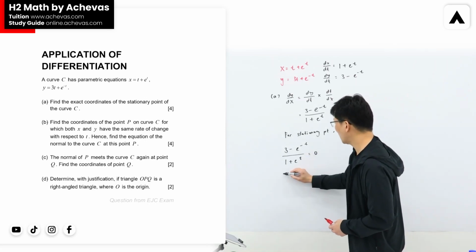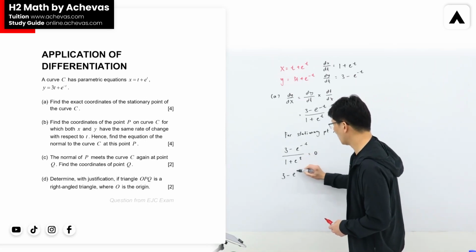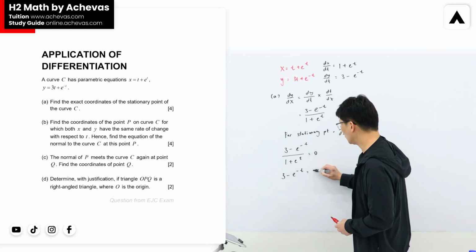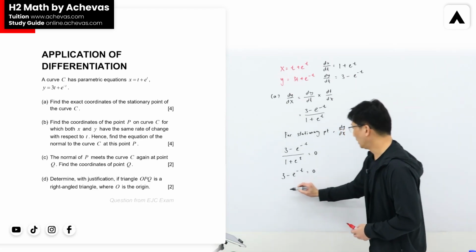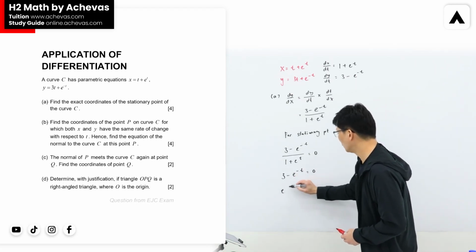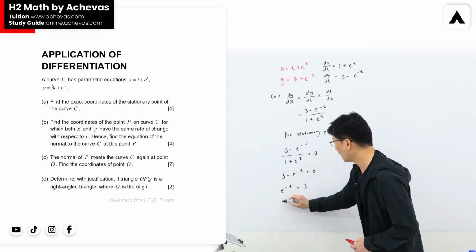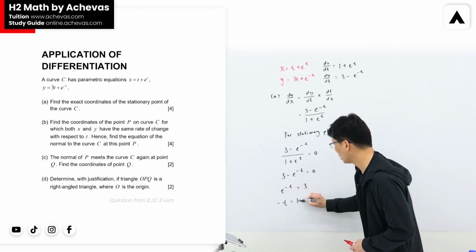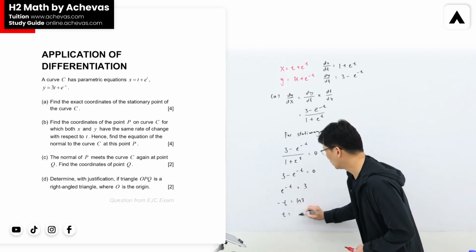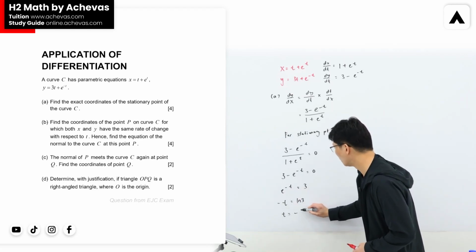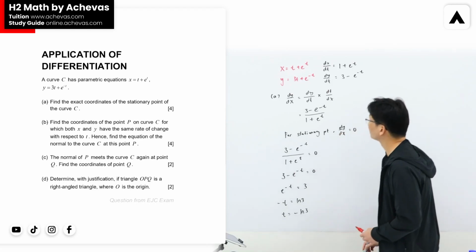For the numerator, I will have 3 minus e to the power minus t equal to 0. I'm going to shift this over to the right-hand side and take ln on both sides. I'll have minus t equal to ln 3, and I find that t is equal to minus ln 3.